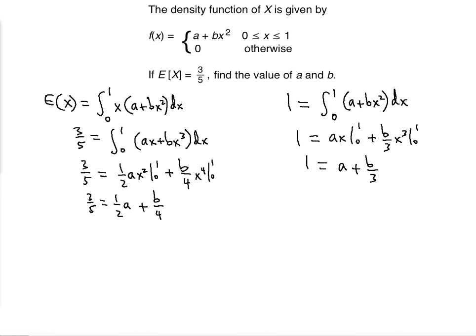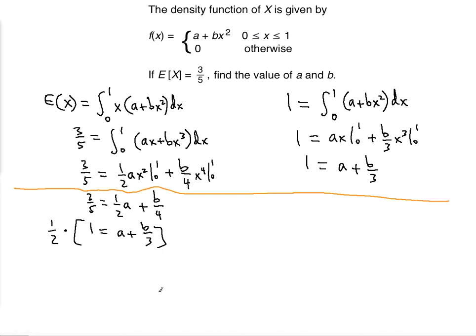So now let me separate this part here, and I'm going to attach the second equation that we found underneath it. Let's see what we can do to actually solve for one variable, or a constant, if you will. We're going to multiply the second equation by 1/2. And why are we doing that?